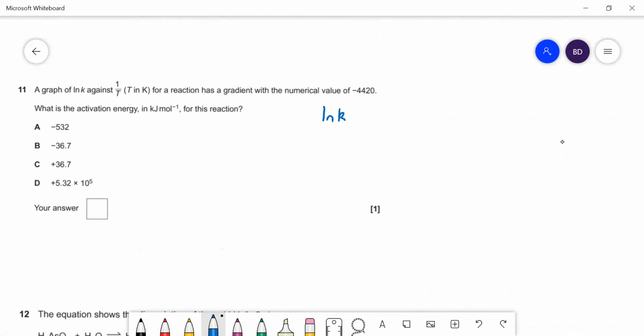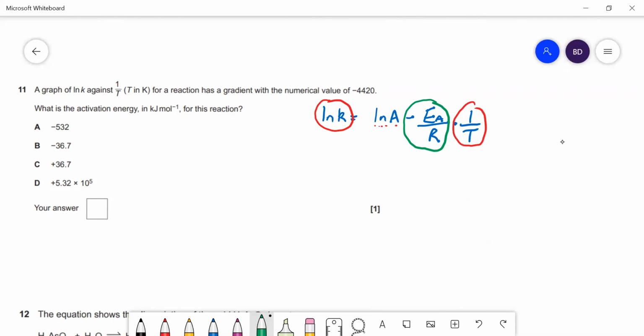It's ln K is equal to a constant, ln A, minus EA over R times 1 over T. So if we plot that against that, the intercept is ln A. We're not interested in that, but the gradient is going to be equal to minus EA over R. So M is equal to minus EA over R.